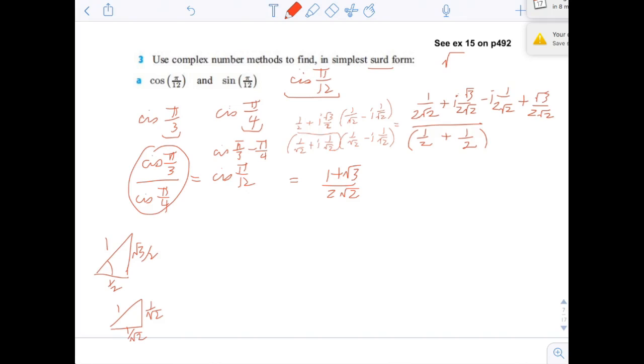The imaginary part, I'm going to have plus i times square root of 3 minus 1 over 2 square root of 2. That looks very symmetrical. If we arrange square root of 3 plus 1 here in the other order, it looks a lot like the imaginary component, doesn't it? It's just a different sign.